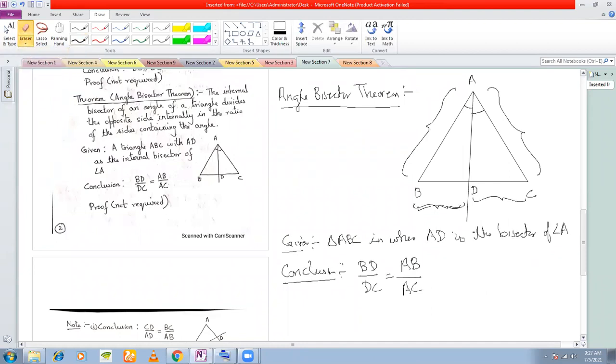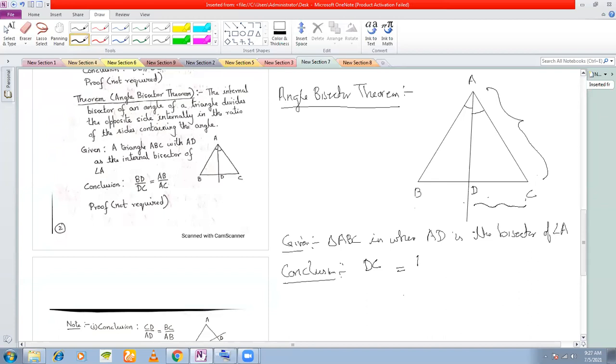Suppose you are to take the other way around. Suppose you are writing DC first, that is you are writing this side first, DC, equal to, then you will write this side first on the other side, and then you have BD, and then you can write this side, AB.